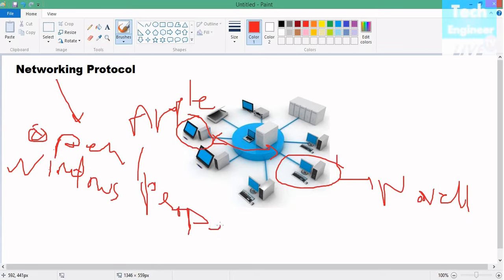Proprietary protocols are those manufactured by a group, vendors and manufacturers. These are IPX/SPX or AppleTalk mainly, if we take an example of network protocols.